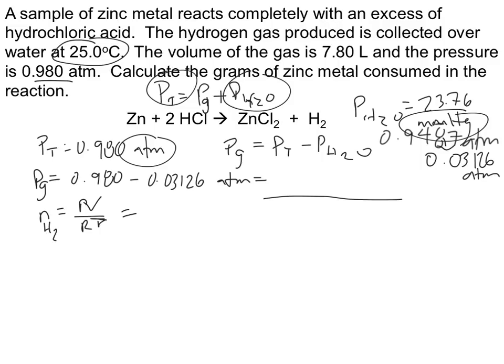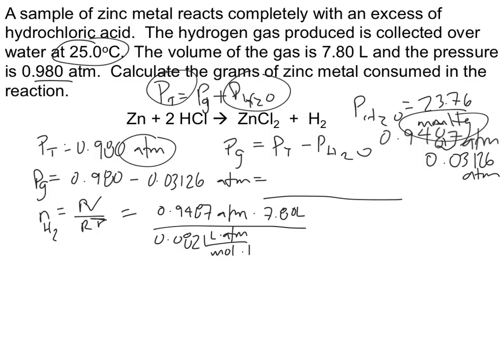So we plug in our numbers. Our new pressure that we figured out goes here. Our volume is 7.80 liters. We have our constant, and of course we have our temperature, which is 298.15 Kelvin.